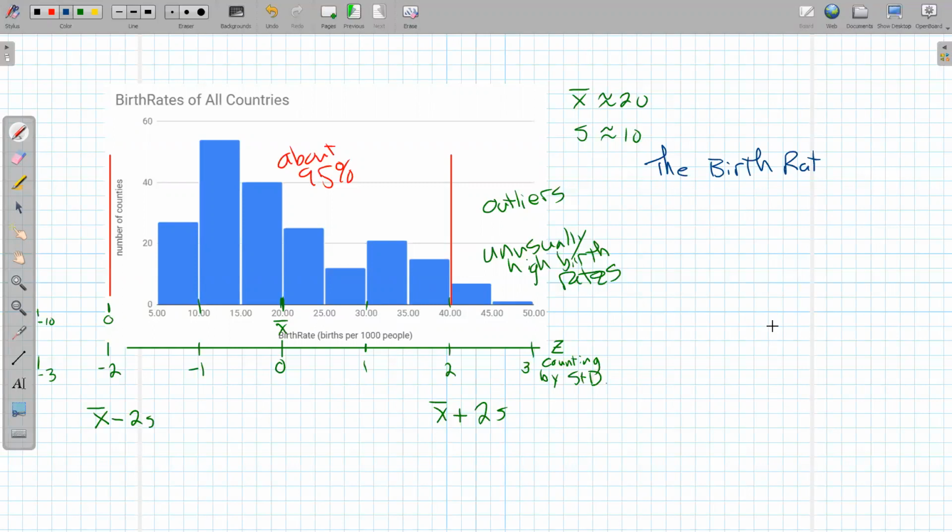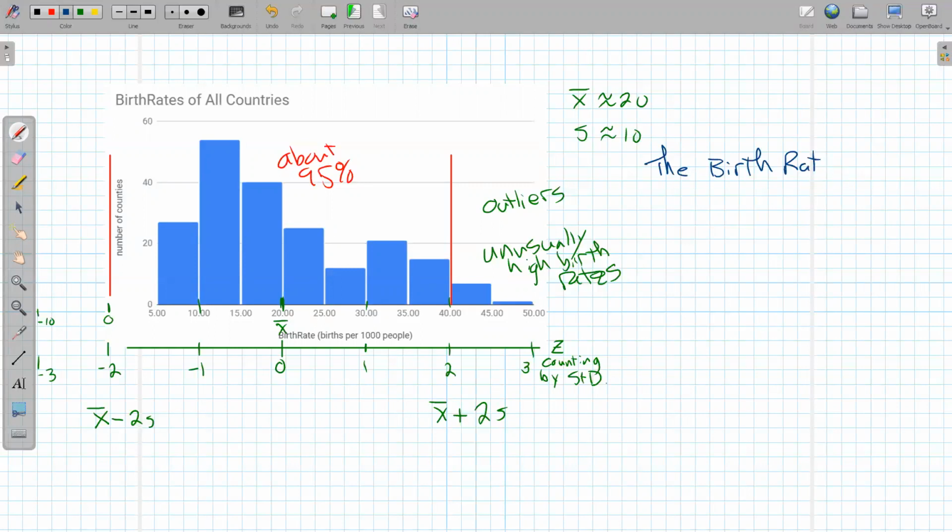Next week, we're going to compare two quantitative data sets in other ways. So, birth rates versus GDP. That sounds interesting. Thank you for that observation. You guys rock.